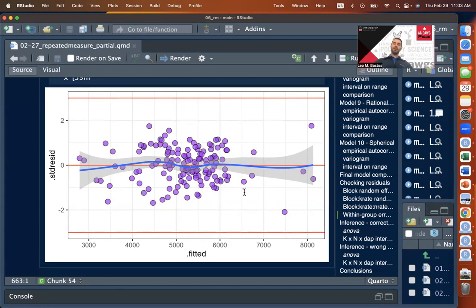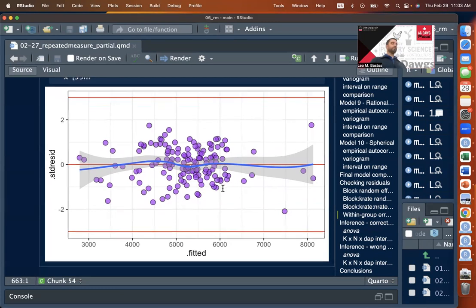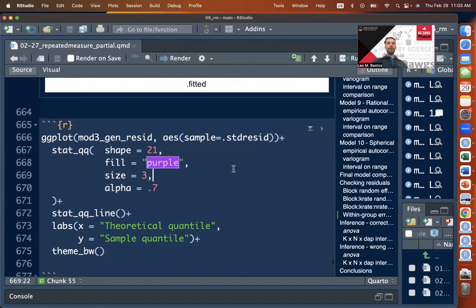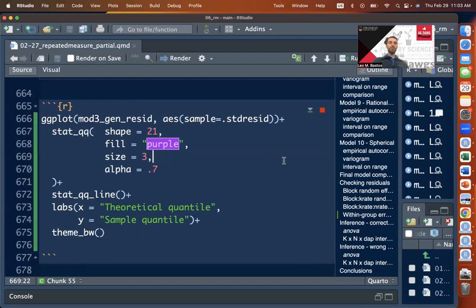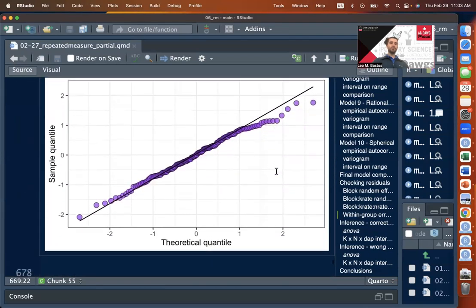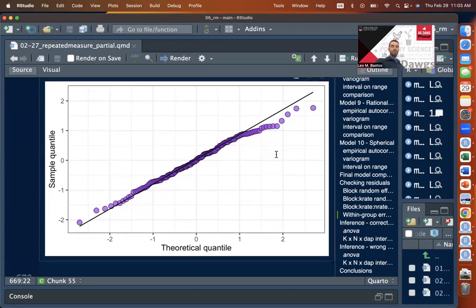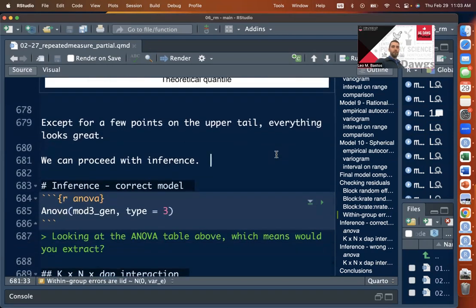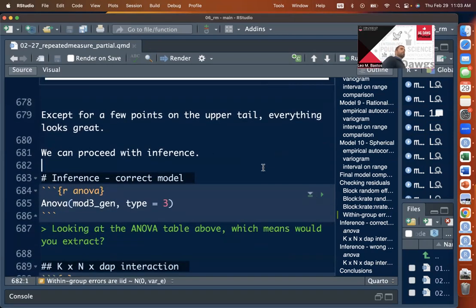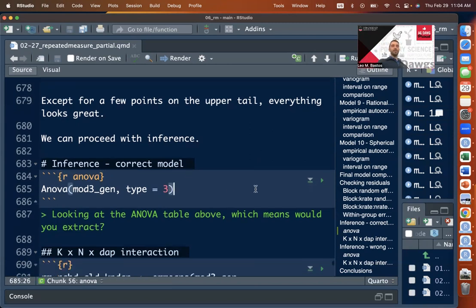No outliers, and variance homogeneous. So nothing to worry here. And then to check the normality is when we use the QQ plot on the residuals. Again, a little bit of a deviation on the upper tail, but nothing too drastic. I wouldn't really worry much about it. So overall, checking the assumptions of the mod3 gen model, it looks good. So let's now check the ANOVA table.